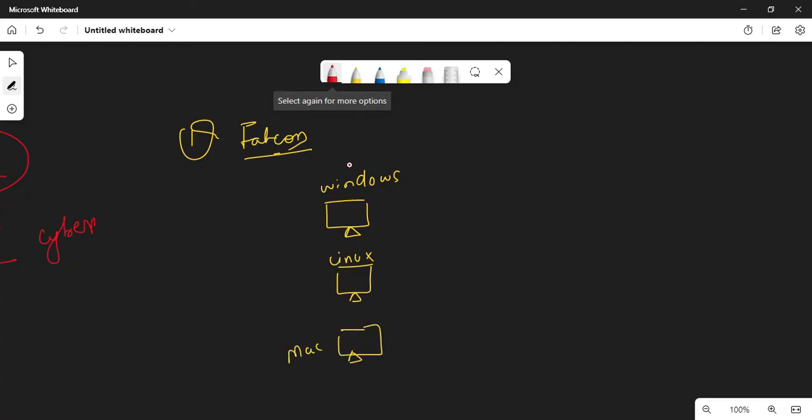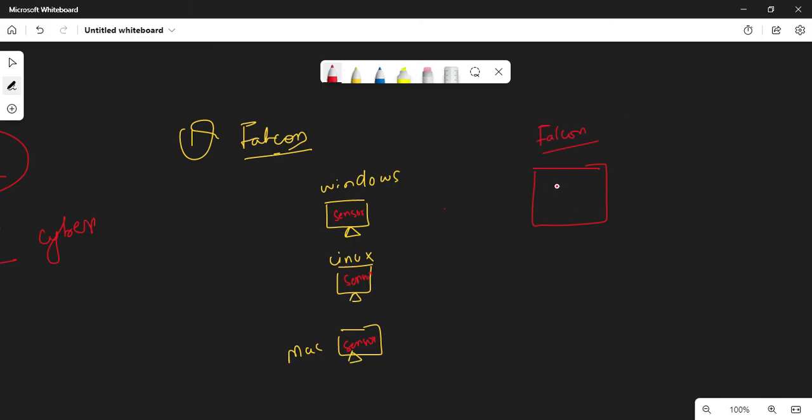We need to install this particular sensor inside these machines, or be it your servers. Now what this sensor does is communicate with the cloud instance of Falcon.